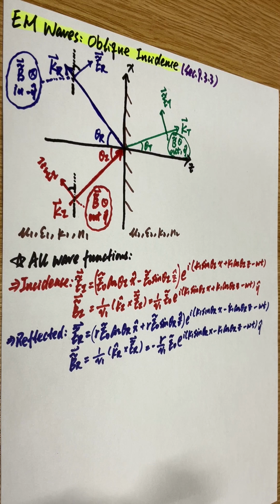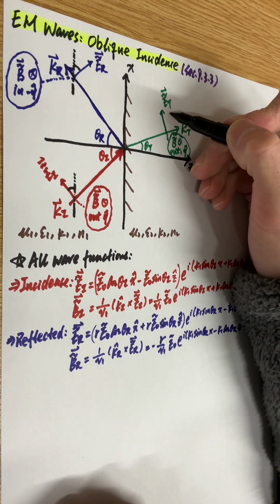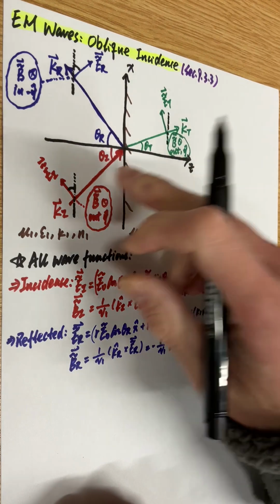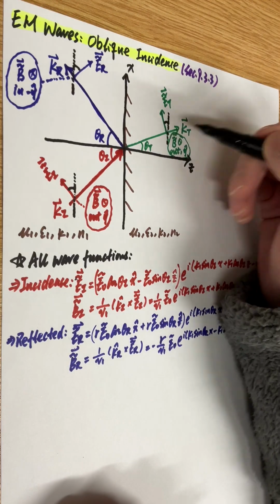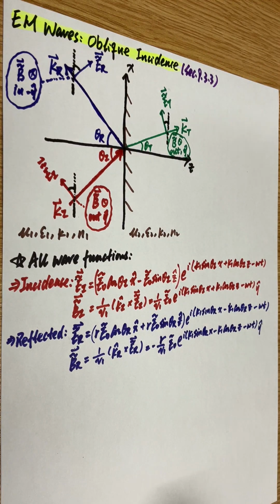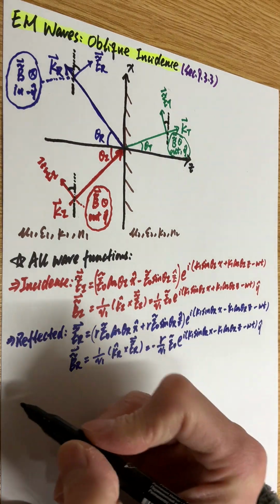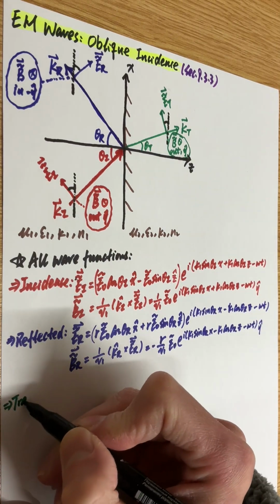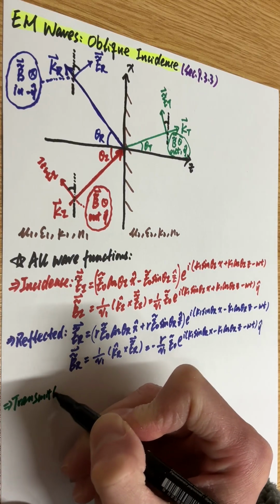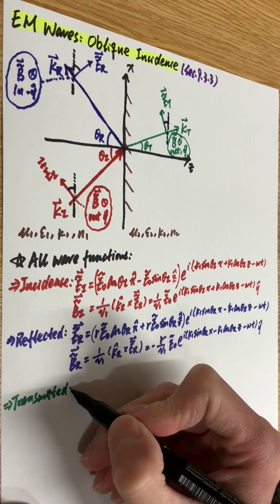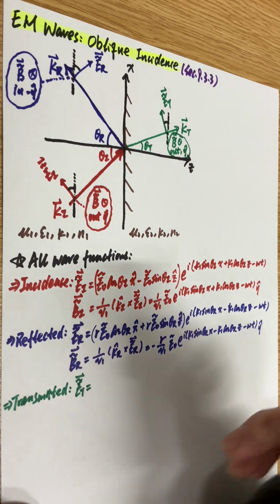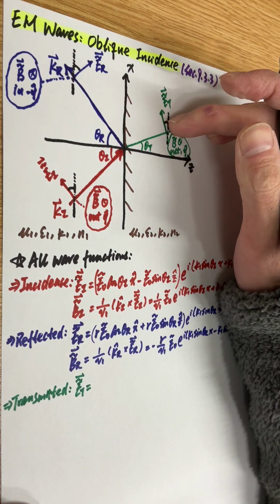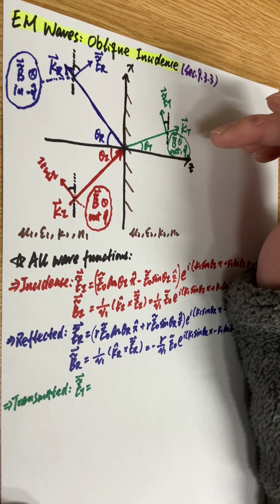Okay, so for the transmitted wave, if we draw a line parallel to the surface, this is theta t and this angle is theta t. So it's quite easy to see the vertical component and the parallel component. So for the transmitted wave, we have Et equals to, so the vertical component is the amplitude multiplied by cosine theta t.